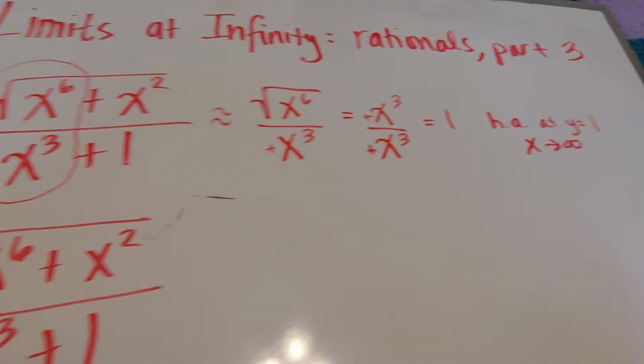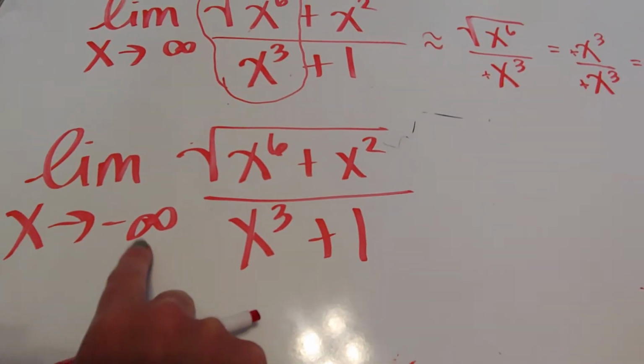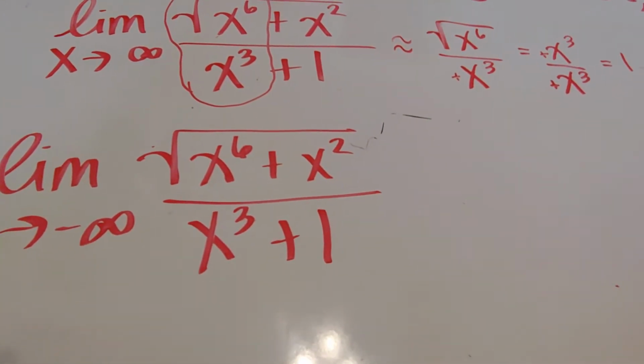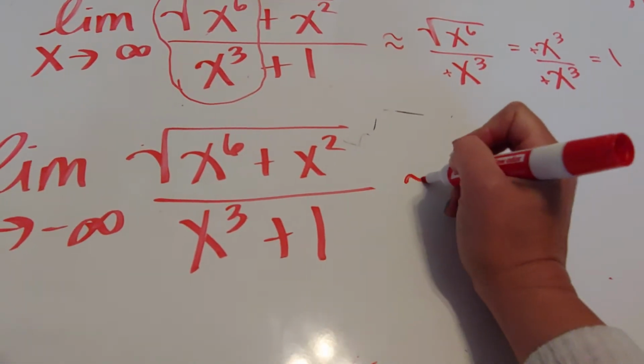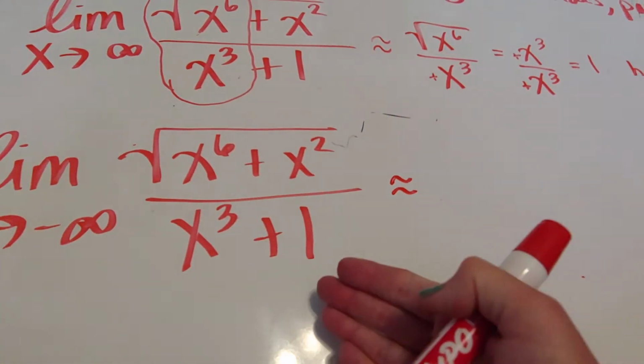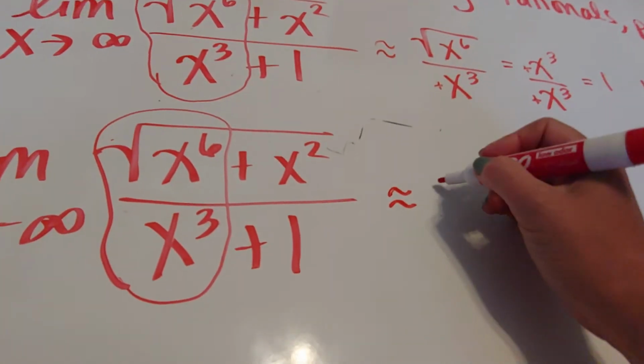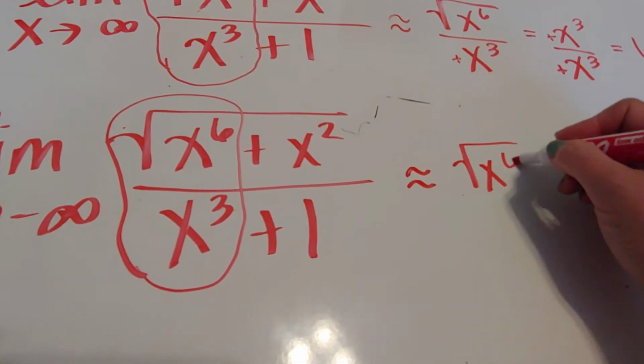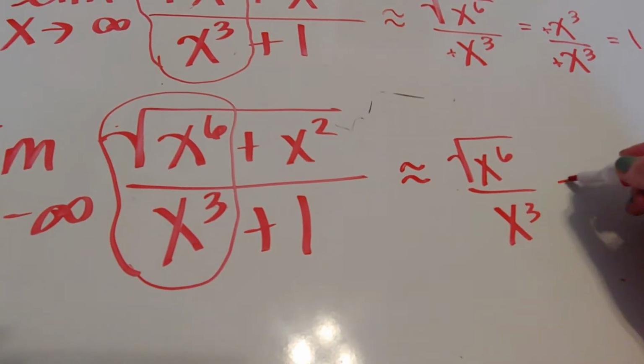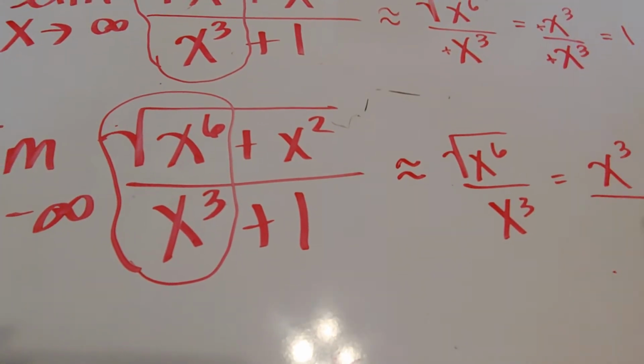Now I want to point out that something weird is going to happen down here with negative infinity. We're going to start off our investigation the same way, circling the degrees of the top and the bottom. Again, it appears like it's x cubed over x cubed.